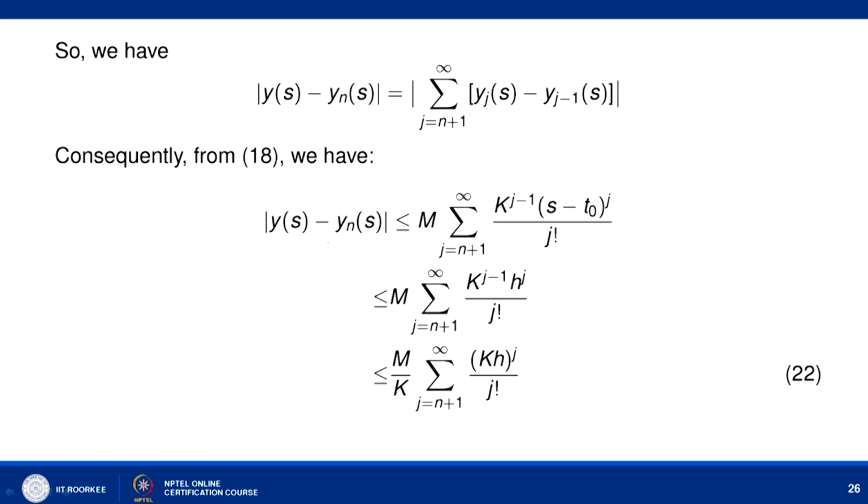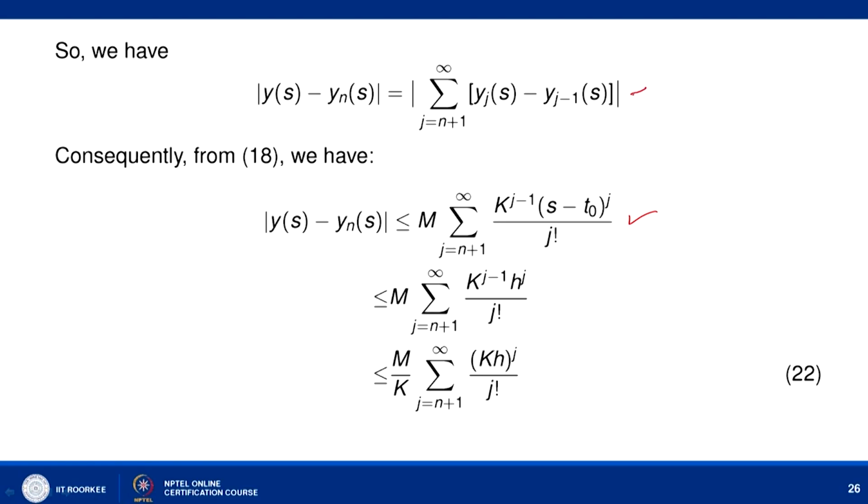So, we can see that modulus of ys minus yns is less than or equal to M times the sum over j from n plus 1 to infinity of K^(j-1) (s minus t naught)^j upon factorial j. Here, for this particular step, we are using the bound of yjs minus yj minus 1s.